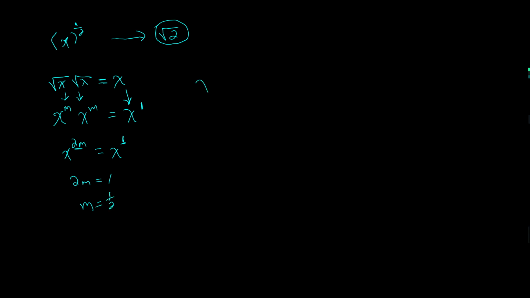And so I can write x to the 1/2 in place of a square root. Well, look what this does for us. It says x to the 1/2 times x to the 1/2. Our rule says that's the same as adding our exponents, or x to the first. So we get all of the utility of a square root with the same rule set as exponents.